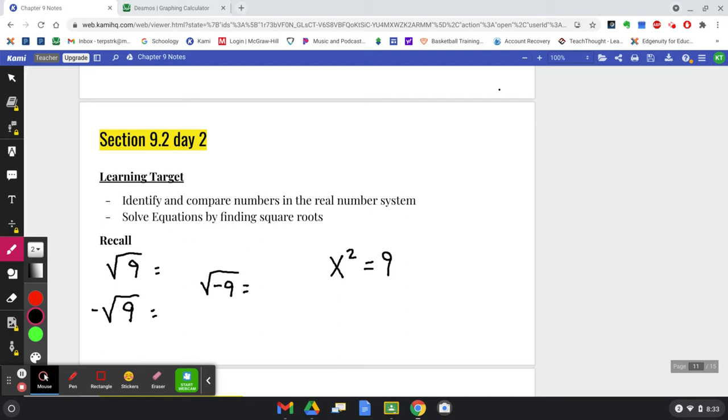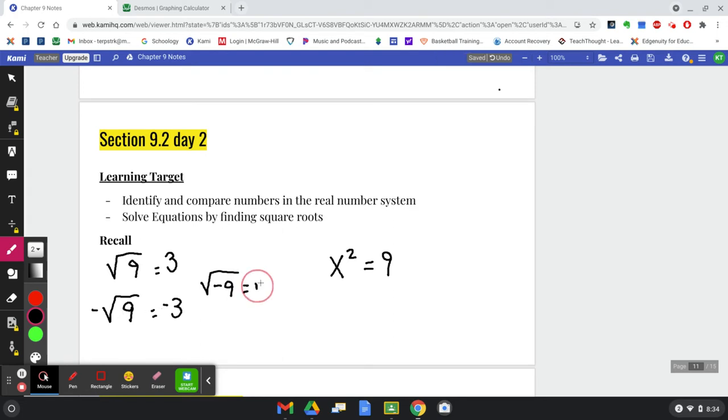All right, so I just want to refresh our square roots. The square root of 9, this square root symbol by itself is implied to be positive. So if I just have the square root of 9, it's going to be 3 because 3 times 3 is 9. If the negative is on the outside, the negative square root of 9 would be negative 3 because negative 3 times negative 3 is also positive 9.